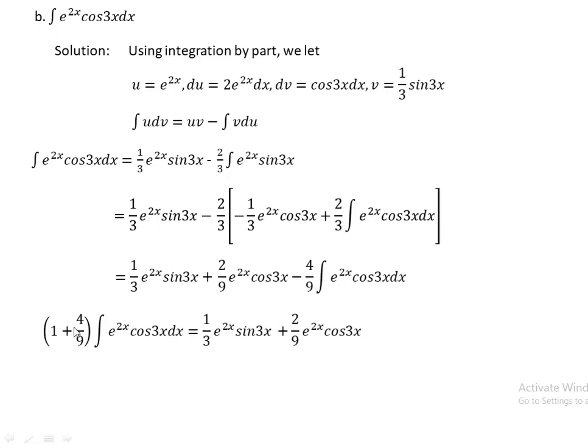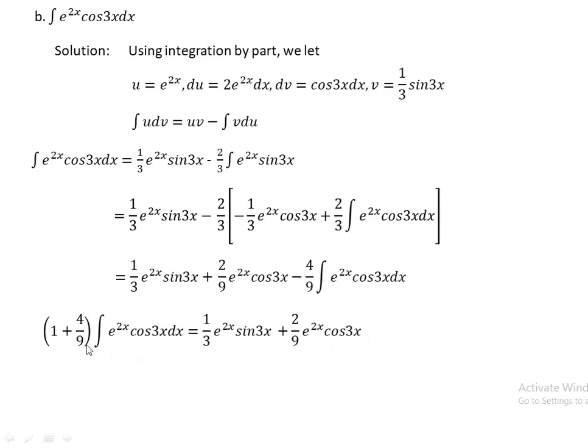So that means 1 plus 4 over 9, the integral of e to the power of 2x cos 3x dx is equal to 1 over 3 e to the power of 2x sin 3x plus 2 over 9 e raised to 2x cos 3x.